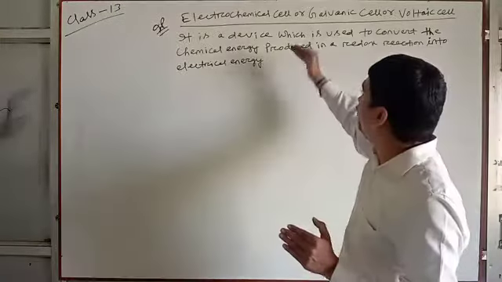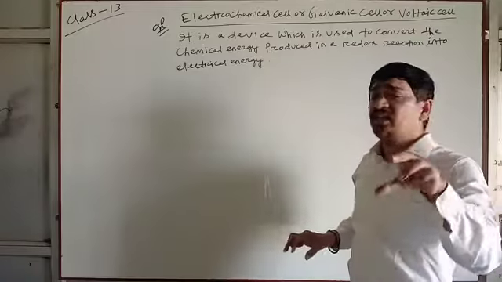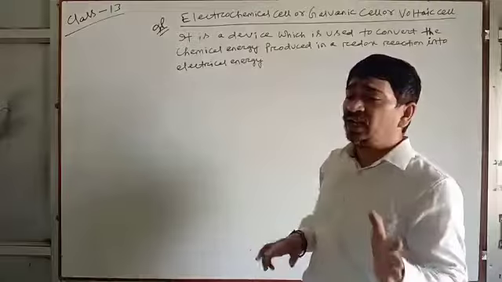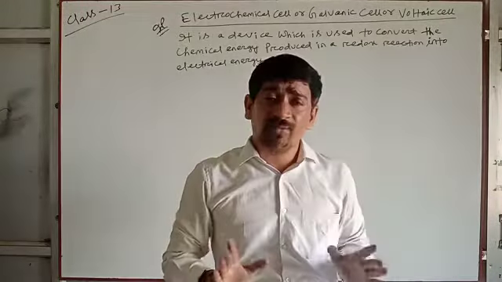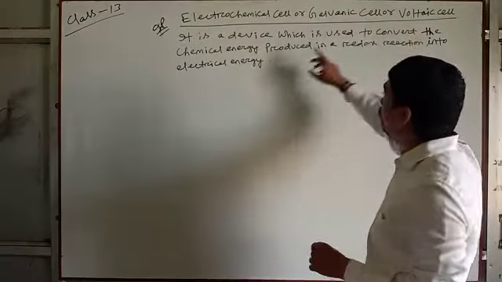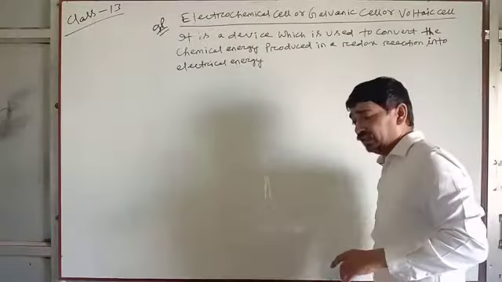So the definition of the galvanic cell: it is a device in which chemical energy is converted into electrical energy. Clear?